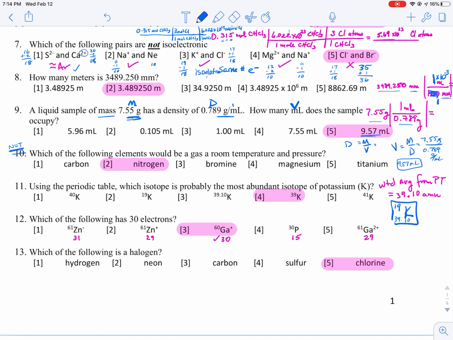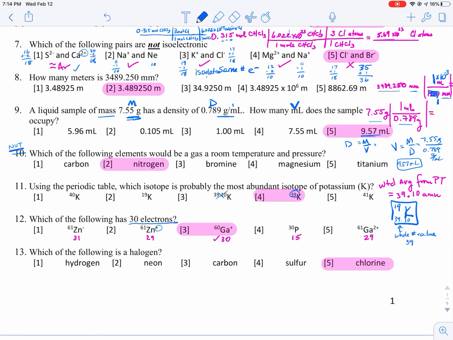So when you're looking for the most abundant isotope, you're looking for the thing that has the closest whole number value to that. So you're looking for something that has a 39 in it. This is in here on purpose because they're thinking you're just going to grab it off the chart. So you're looking for the 39. And you're not going to be given a question where there's like a 50-50 mix of the isotopes.